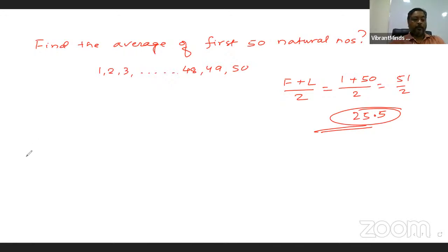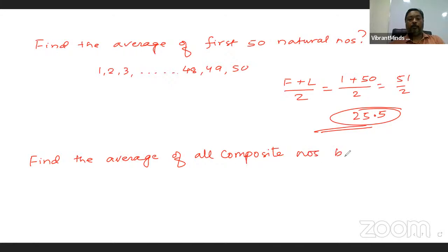Let's go with the next question. Find the average of all composite numbers between 1 and 50. Can you solve this question, please?